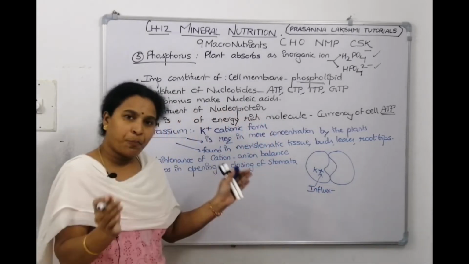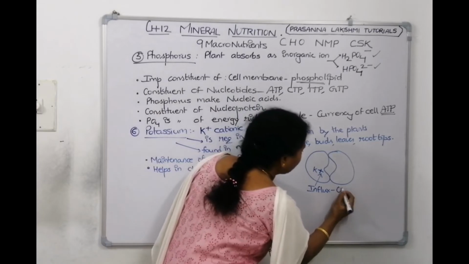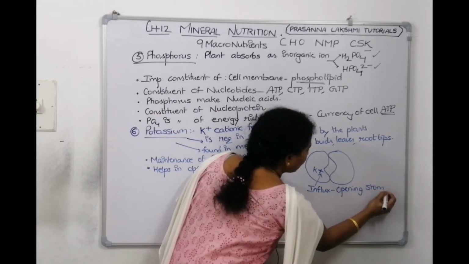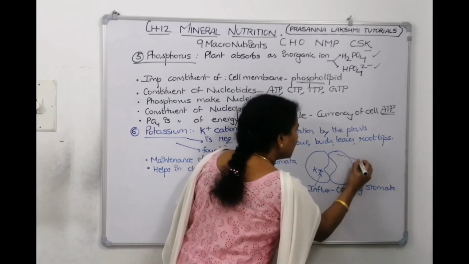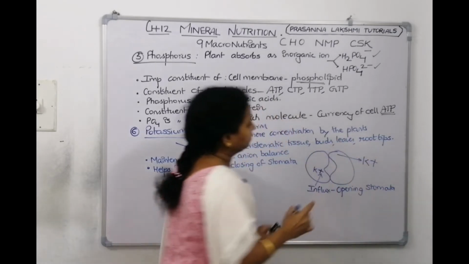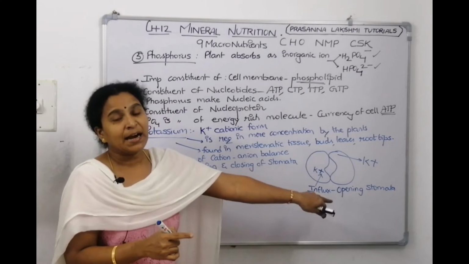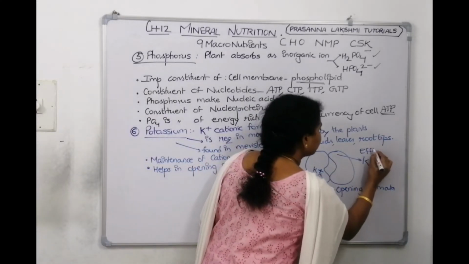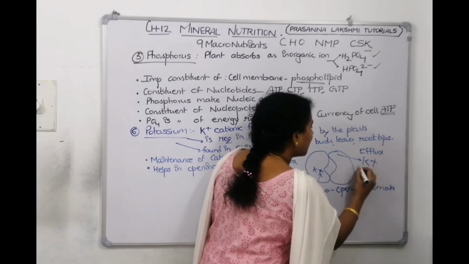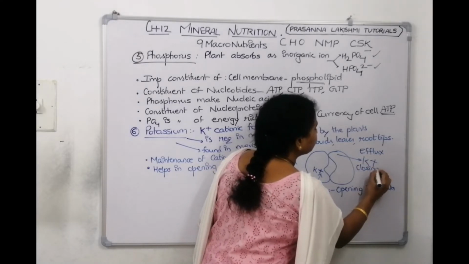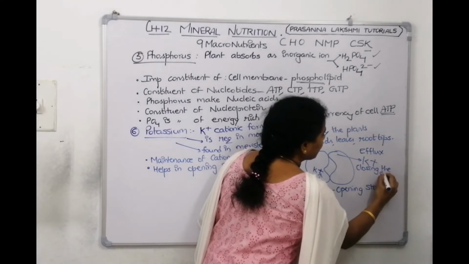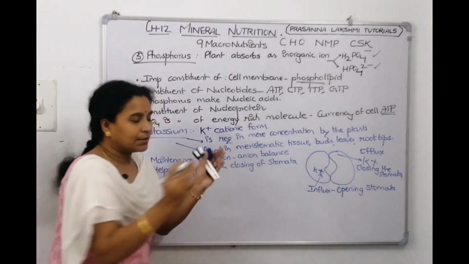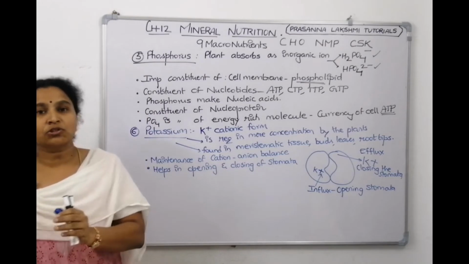Influx helps in opening the pore, the stomata. Now, if K plus goes out of the guard cell, that is called efflux. Efflux helps in closing the stomata. So, if K plus comes in, stomata will open. If K plus goes out, stomata will close.